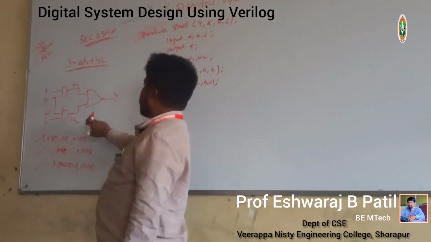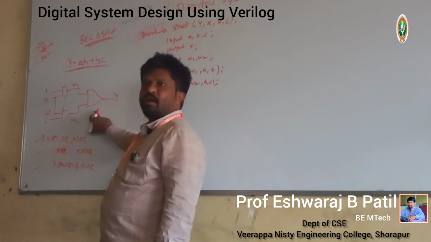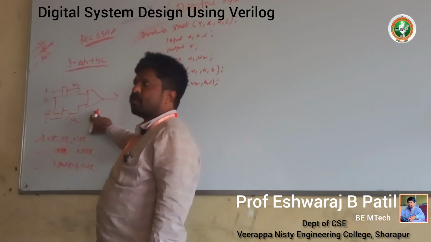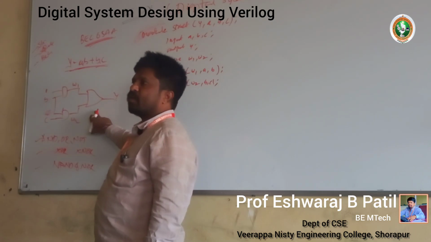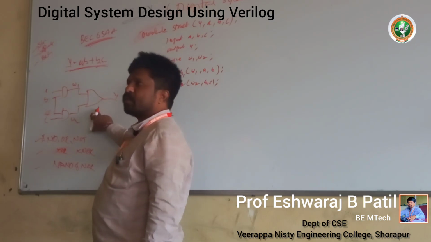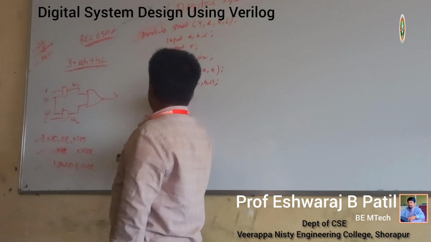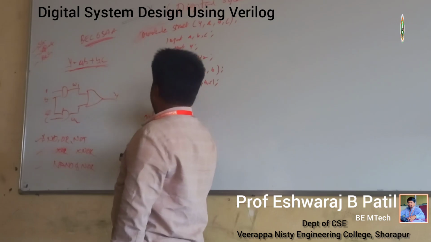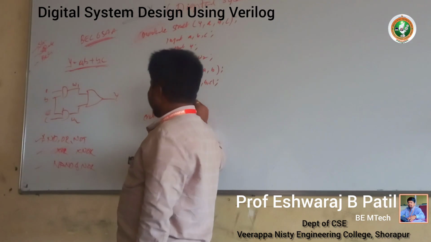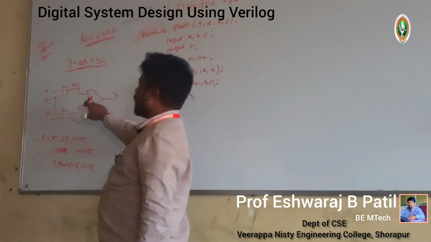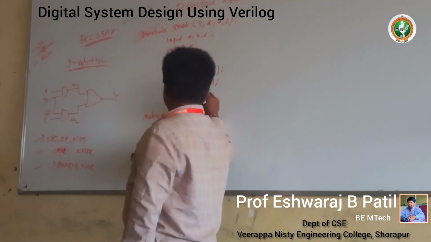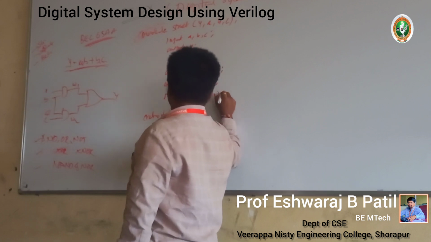One more thing I left here. What is this gate? The OR gate, so I have to use OR G3. The output of this OR gate is Y. The inputs for this OR gate are W1 comma W2.